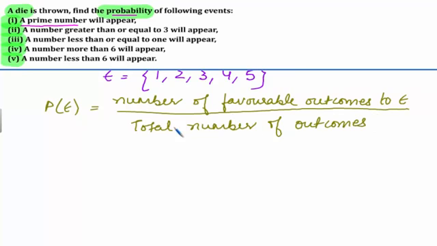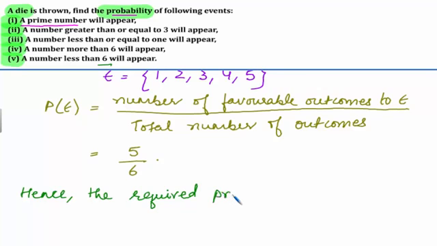Now the favorable outcomes in this case is 5 and the total number of outcomes are 6. Hence the probability that a number less than 6 will appear is 5 upon 6. This completes the solution.